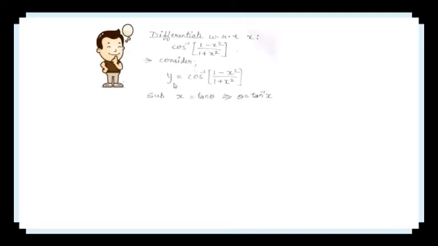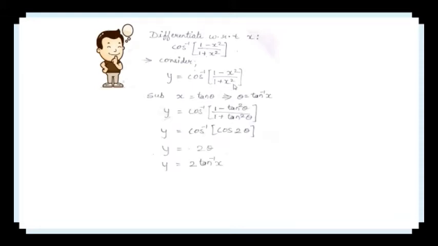So consider y equal to cos inverse of (1 minus x square) upon (1 plus x square). We will be substituting x equals tan theta. So theta is tan inverse of x. When we substitute, 1 minus tan square theta upon 1 plus tan square theta, what will be the formula?